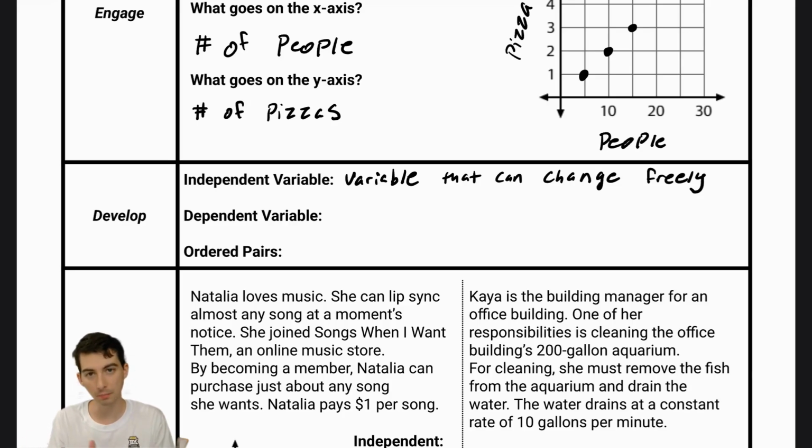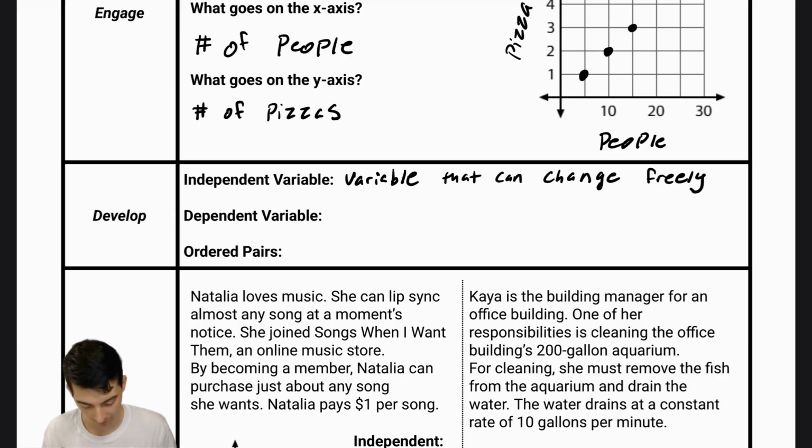So the number of people can change to really however much we want, right? If I don't want to invite whoever, then I don't have to. I can choose how many people to invite. But however many people I invite is going to tell me how many pizzas I need to buy.